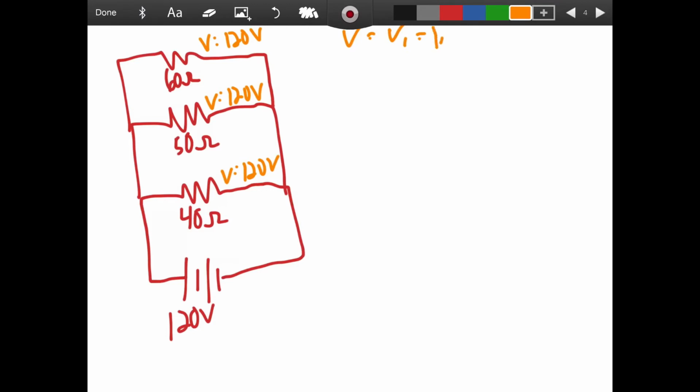So no matter where we are, the voltage will be the same. And this is very helpful when we're considering the brightness of light bulbs and things of that sort.